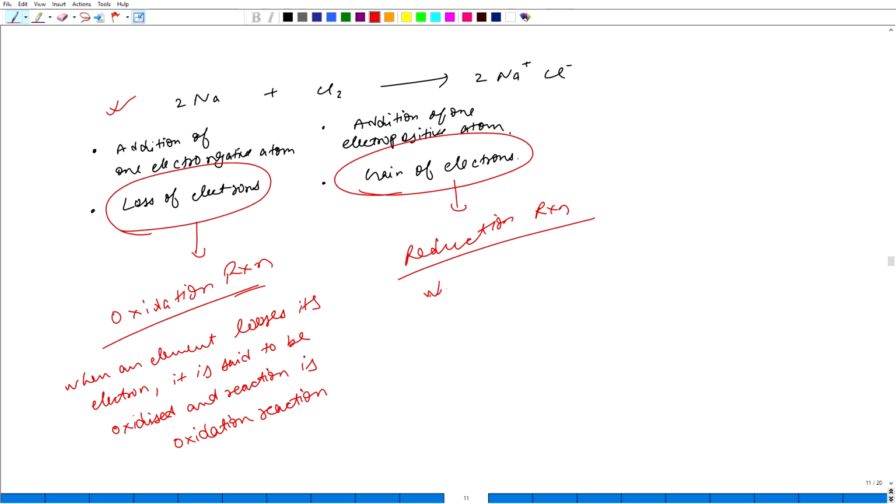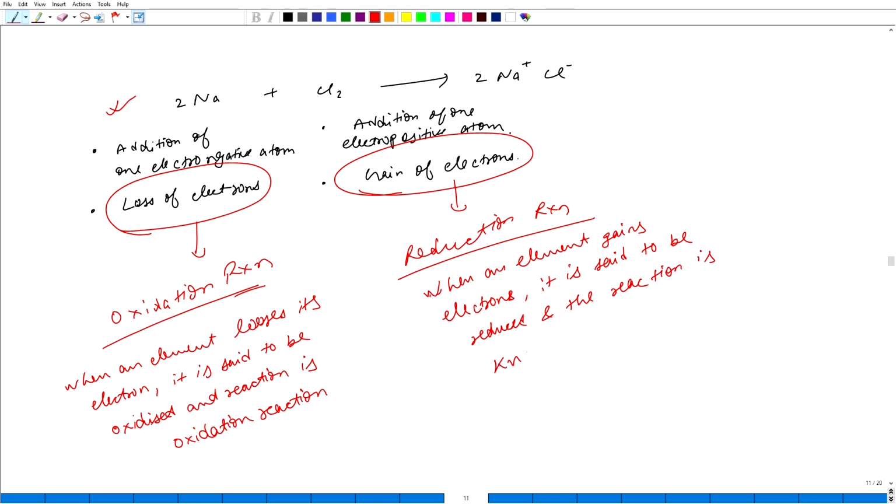Similarly, when an element gains an electron, it is said to be reduced, and the reaction is known as a reduction reaction.